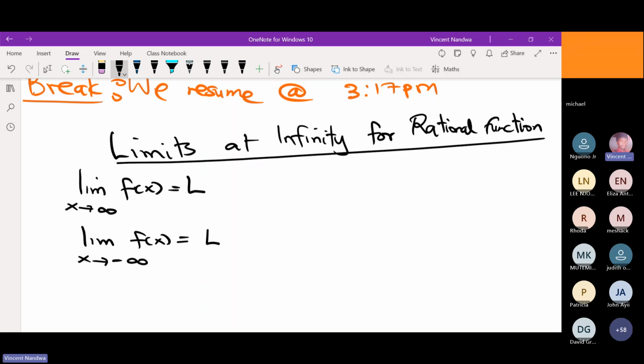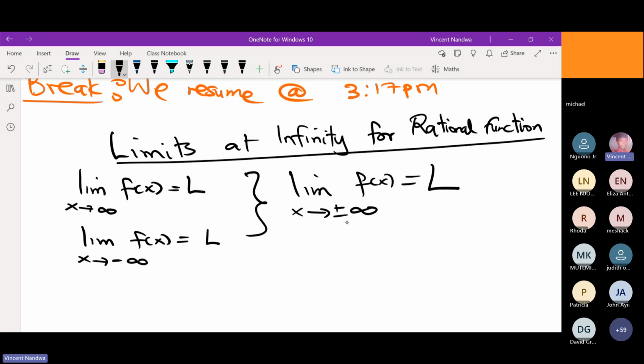So x approaching infinity means that x is growing larger, larger, and larger, or x approaching minus infinity means x is decreasing further and further. The two sometimes can be combined and we just write limit as x approaches plus or minus infinity of f of x equals L. So x is moving towards positive infinity or towards negative infinity.